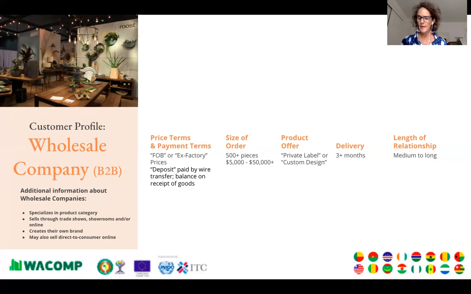Wholesale companies have fewer suppliers than retail stores, and it takes longer to develop a relationship with a wholesale company. But once the relationship is formed and successful, it lasts a long time. One key to success is investing in product development with a wholesaler to continually develop new products. You would likely meet wholesalers at an export trade show or when they make a sourcing trip to your country.